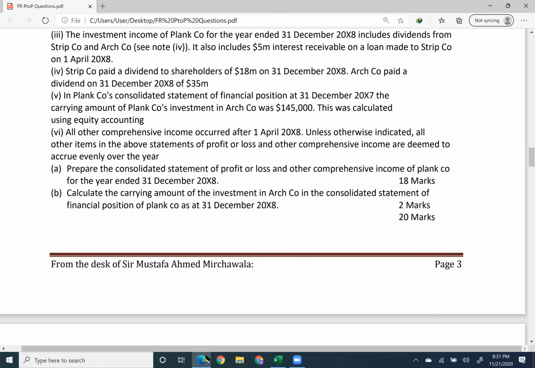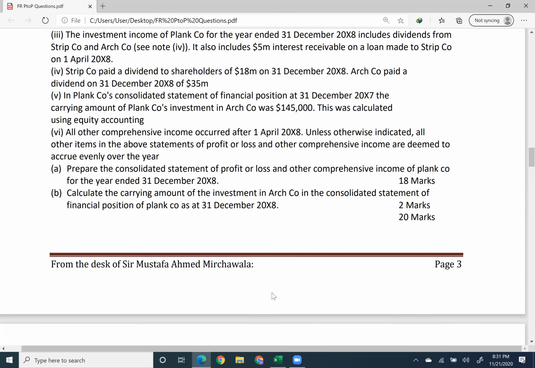So what things come? First we write COI, cost of investment. Then post profit share, post profit multiplied by your holding percentage. Third, deduct any impairment if any. In this question there is no impairment of associate, so forget it.